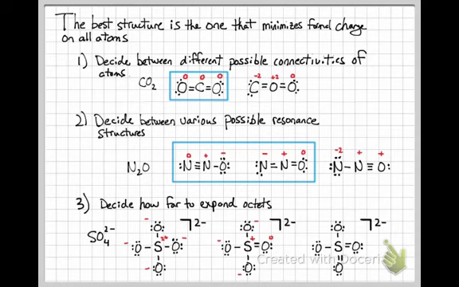If we move yet another lone pair in, as on the third structure, we find 2 oxygens have a -1 formal charge, and then 2 oxygens have 0 formal charge. In addition, moving 2 pairs of electrons in on the sulfur reduces its formal charge to 0.